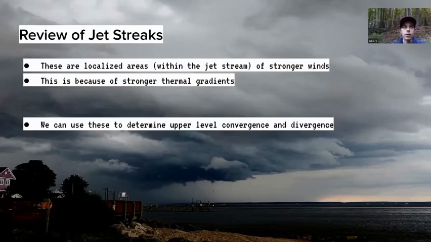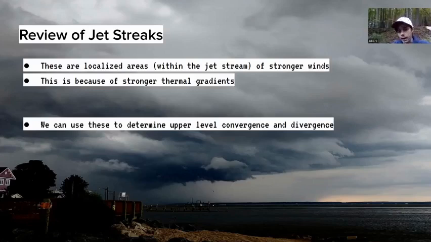Just like when we're looking at our surface maps, if we have multiple pressure lines close together, that means pressure is changing quickly. Same thing at the high levels, because the level we're looking at is something like a 300 millibar map, which means everywhere on that map is 300 millibars.